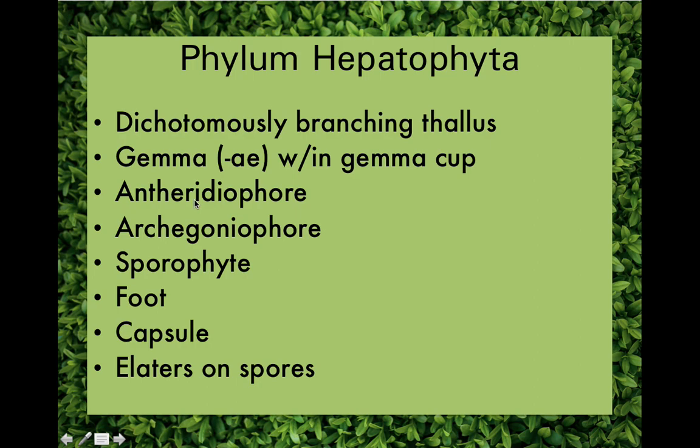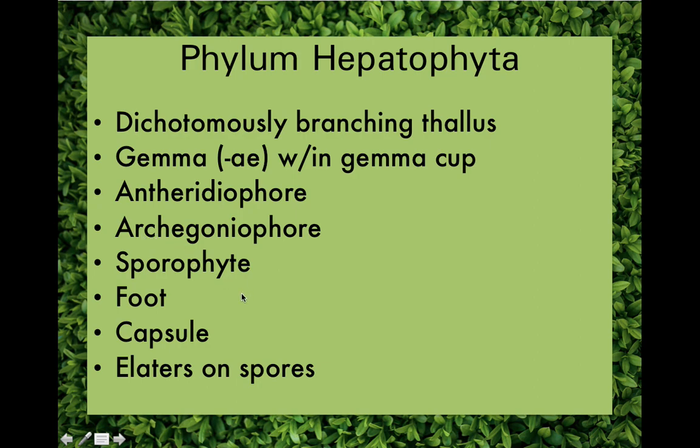Anther, like the male parts of a flower. Antheridiophore is the container for the antheridia, the structures that actually produce the male gametes. And we have an archegoniophore, which produces or contains the female gamete-producing structures, the archegonia.